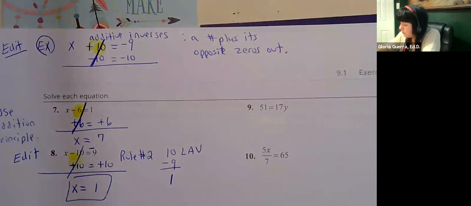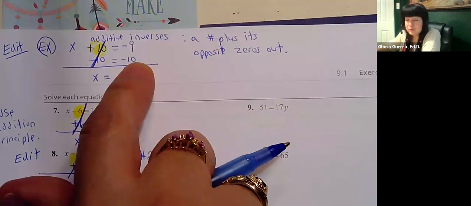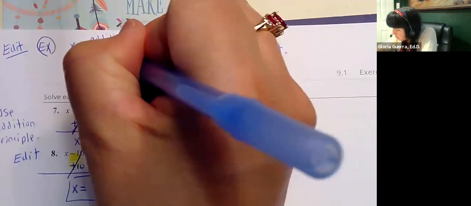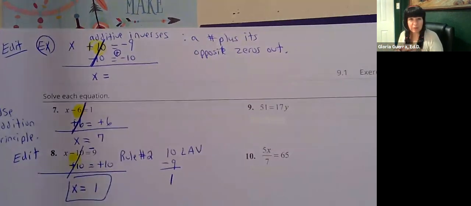So those fall out. X equals, and now you have -9 and -10. I'm going to put a little plus sign in between those two; you should be safe by putting a little plus sign there. You're combining, adding a -9 and a -10, -9 plus -10.